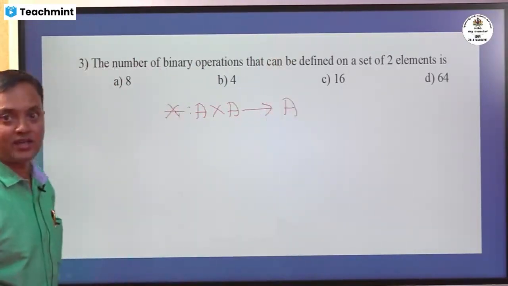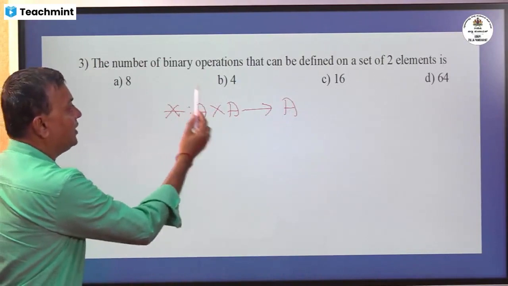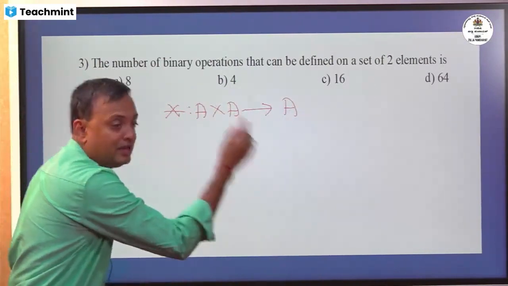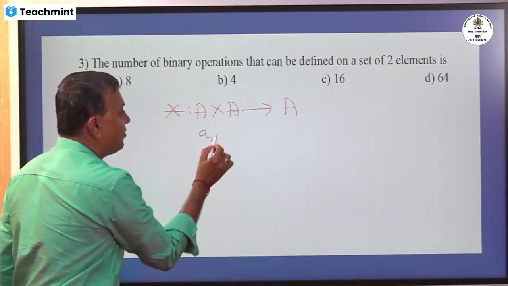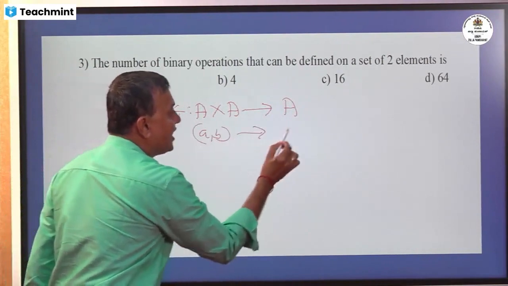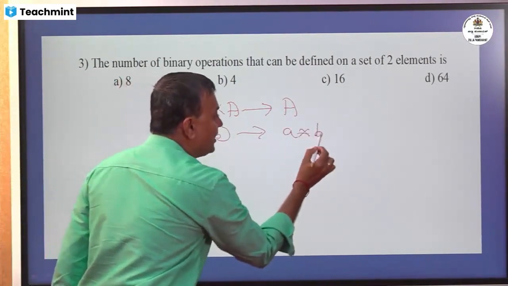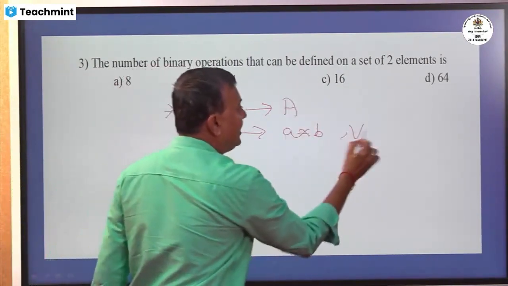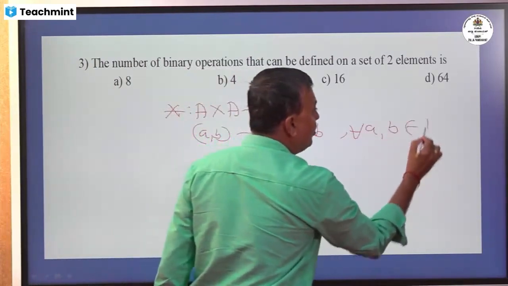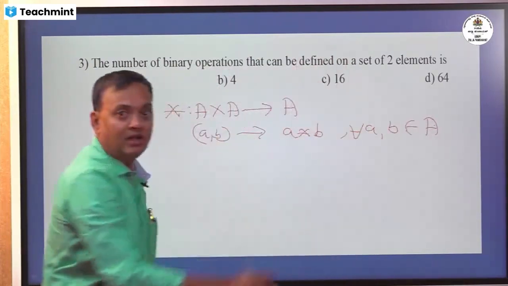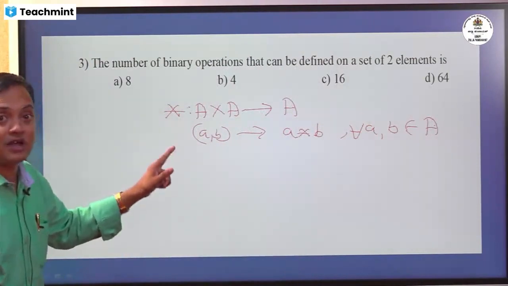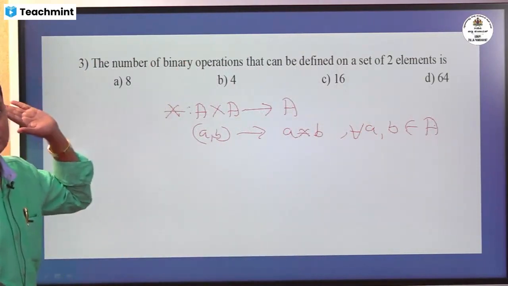So star is a function from A cross A to A, which for every ordered pair (a, b) assigns a unique element a star b for every a and b belonging to set A. Then the operation star is called a binary operation.